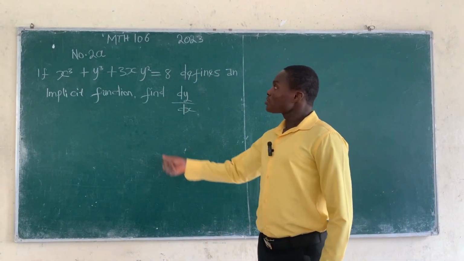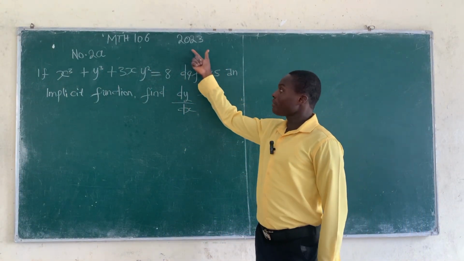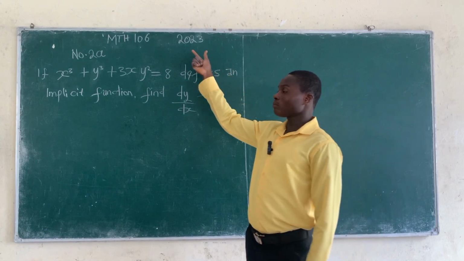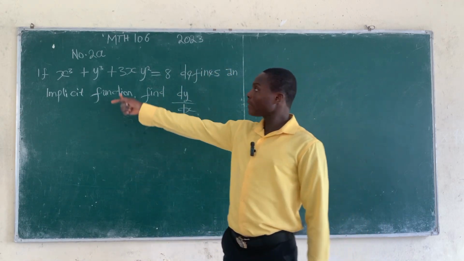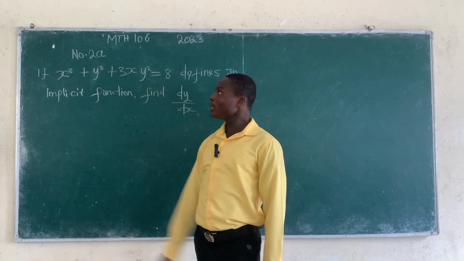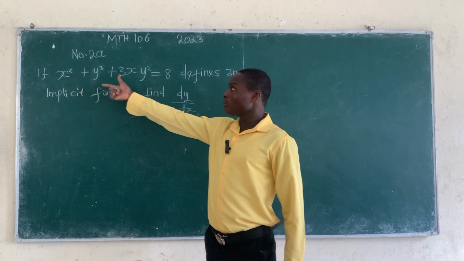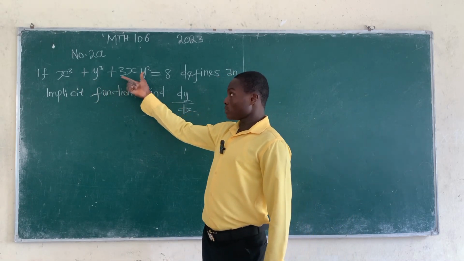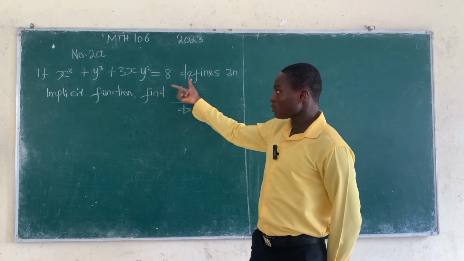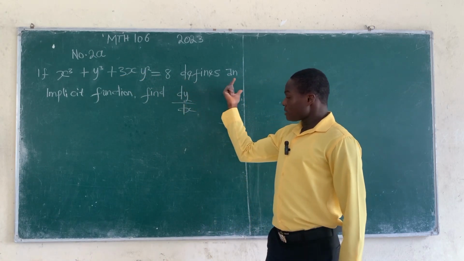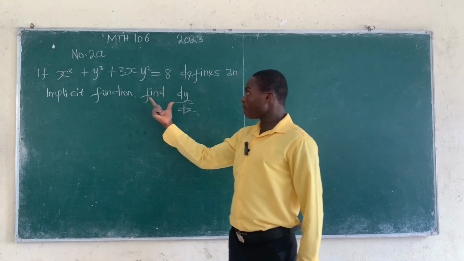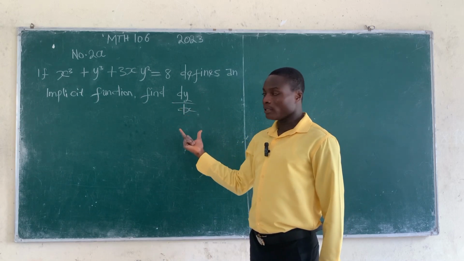All right. So still under the 2023 mass examination question, we are going to be taking question number 2A now. The question says, if x cubed plus y cubed plus 3xy squared equals 8 defines an implicit function, find dy dx.